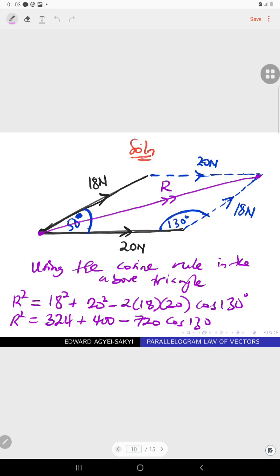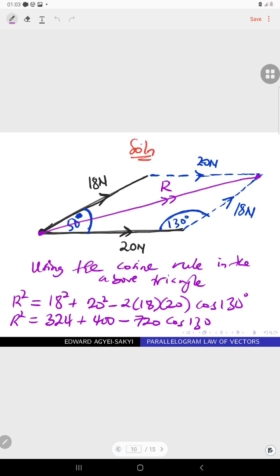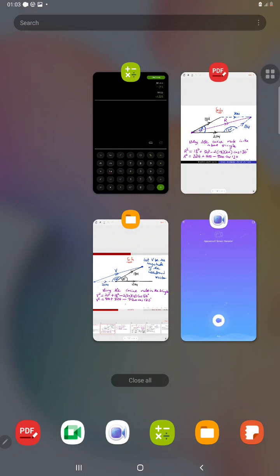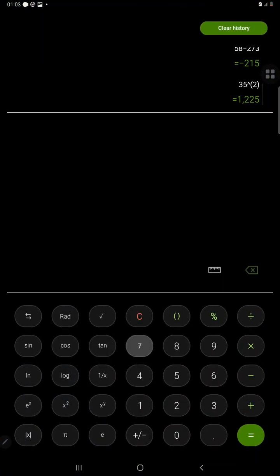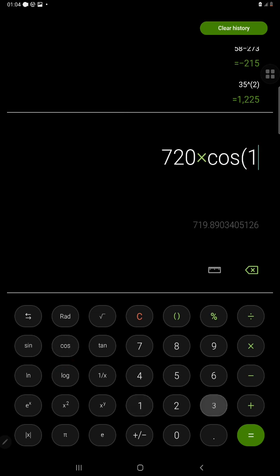When you add 324 to 400, you get 724, minus 720 cos 130. Now 720 cos 130 will give us negative 462.80708.